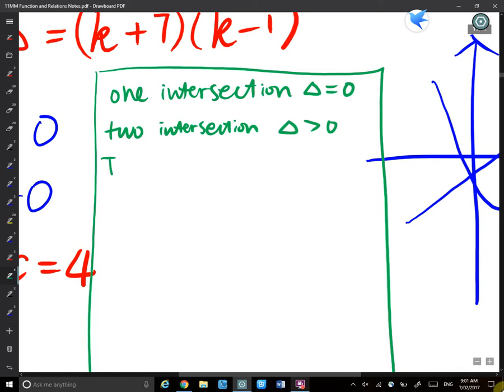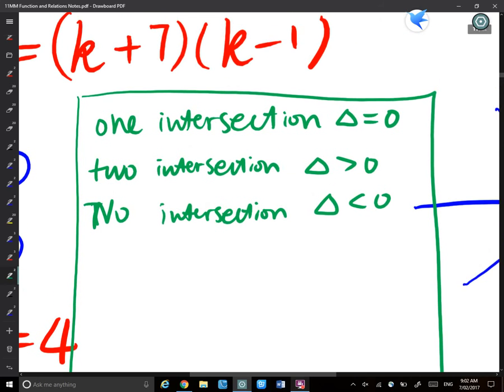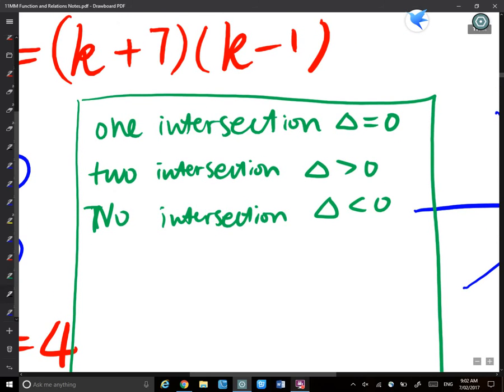If I want to find no solution, no intersections, I need my discriminant to be smaller than 0. That's the 3 cases. So you know your discriminant is (k plus 7)(k minus 1).